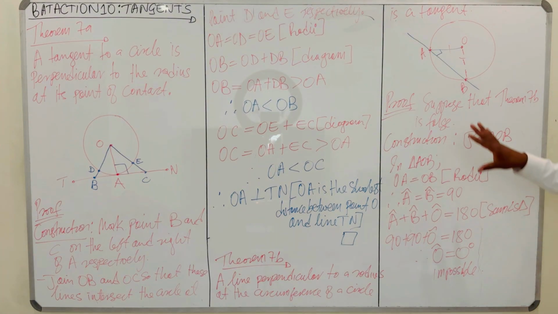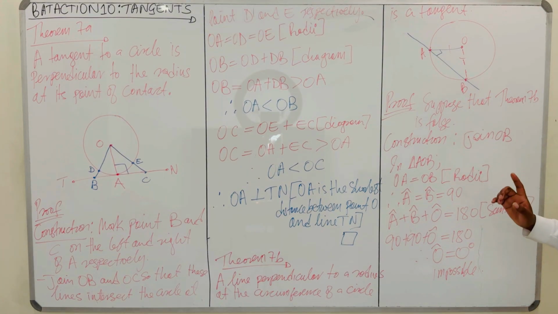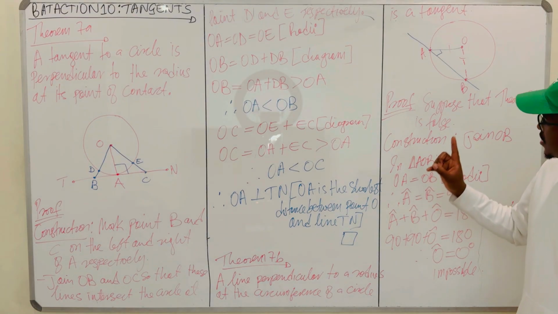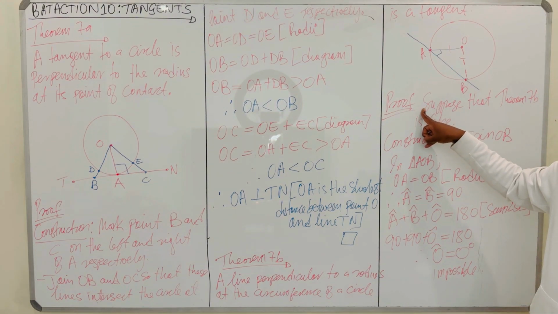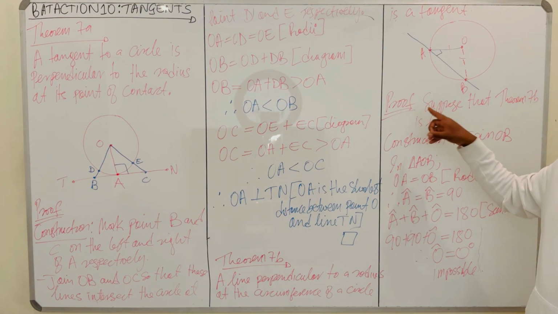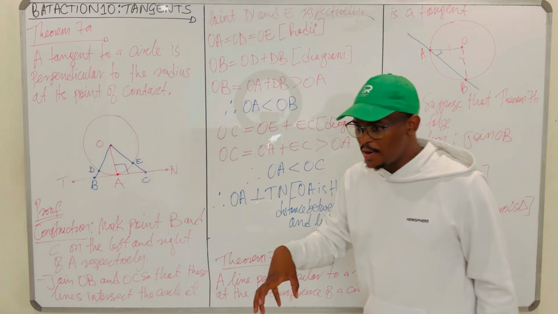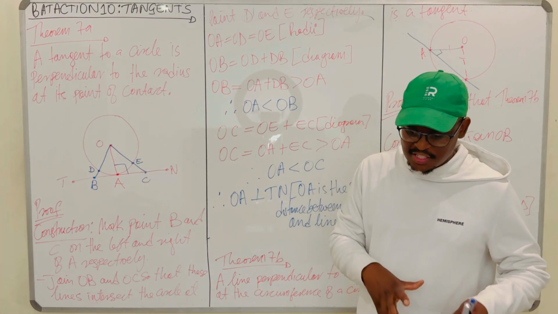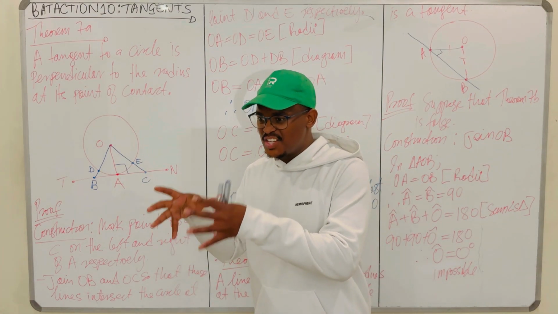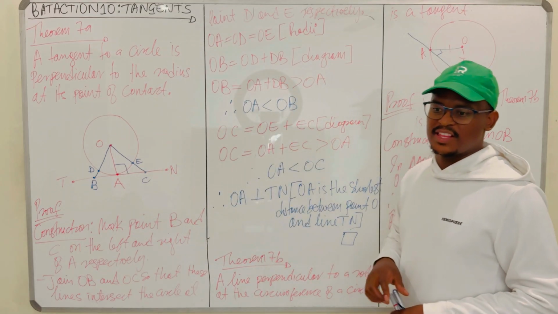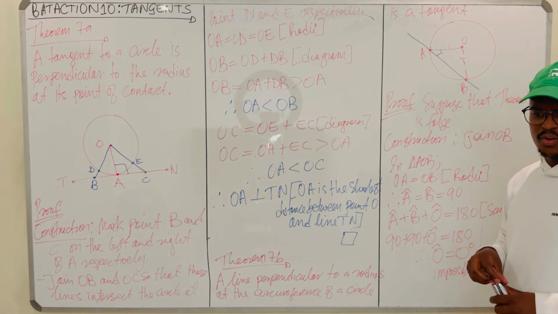So, in that case, we have a contradiction, which means our supposition is false, because when we assumed that the theorem is false, it gave us problems. So, assuming that it is false and getting those problems is equivalent to the statement that we wanted to prove in the first place. Yes. Are you with me? Yes.